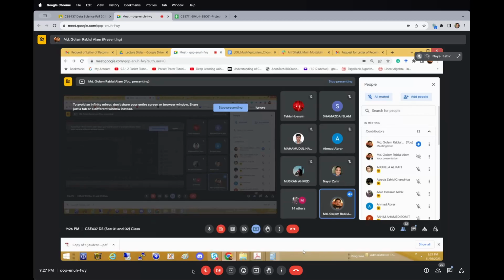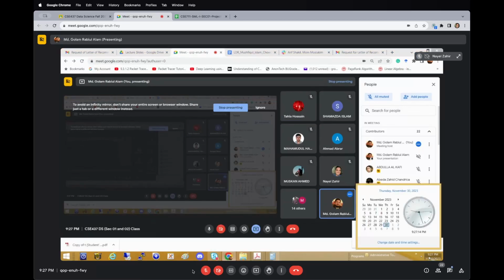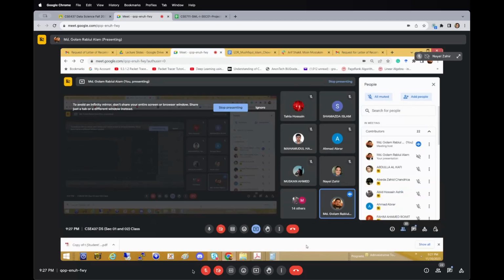That will be our syllabus. I don't know how many classes we have. So we can extend the syllabus and we can reduce the syllabus. It will depend on how many classes we have and how many topics we want to cover.